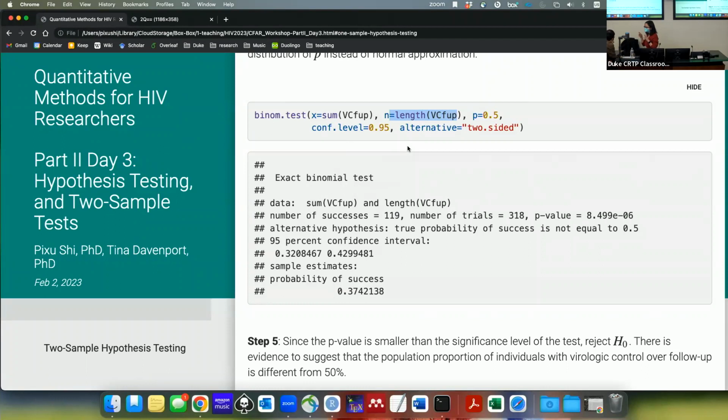But the number for now doesn't really change the confidence interval. I thought you said that since the confidence interval doesn't include the null, you could reject.